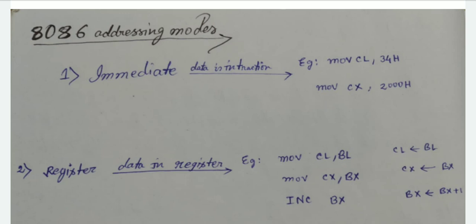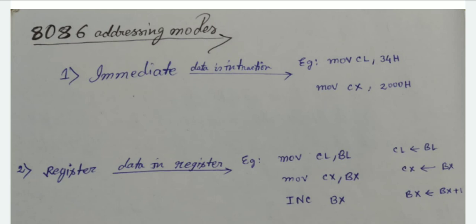In the 8086 microprocessor family, we have 5 addressing modes. In your exam, when you give the answer, you must give it with an example. Without an example, the answer on addressing modes is meaningless.